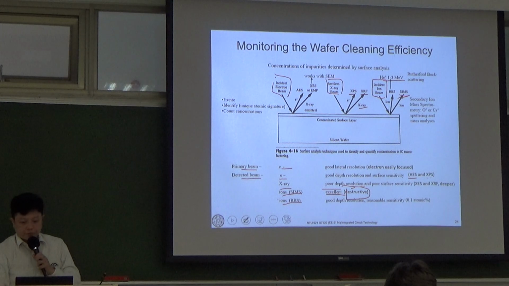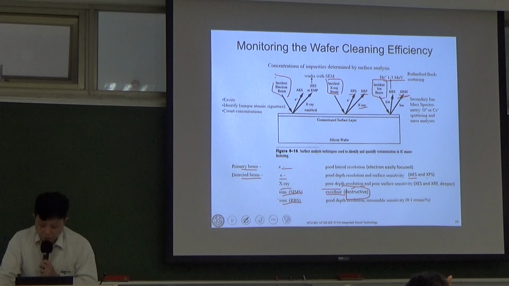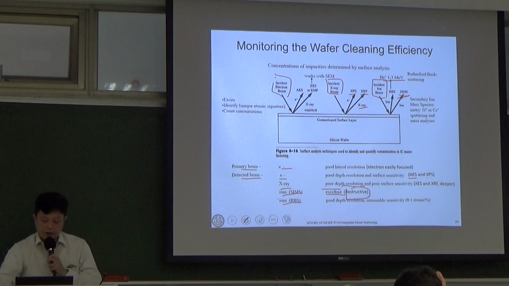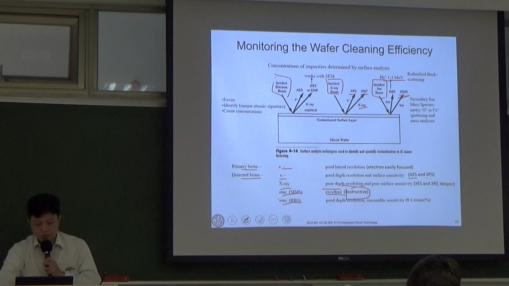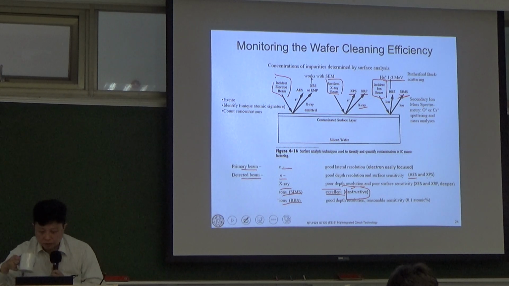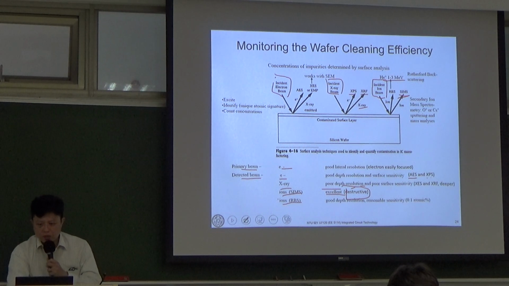It can give you a good concentration profile or element profile with your depth. But it's destructive because you just damage this material. And this RBS, I think we learned that in modern physics.